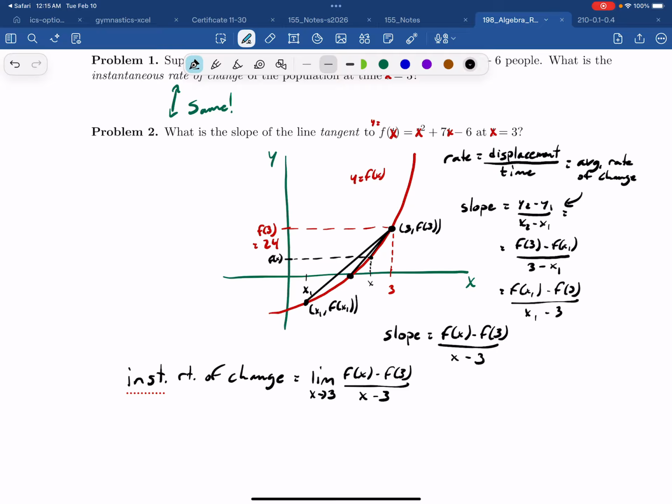You see how we found the instantaneous rate of change by considering the average rate of change and then taking the limit of it, making x get arbitrarily close to 3 and finding the slope of that line. Well, if we take that limit, then we actually have something else. We have the slope of what's called the tangent line.